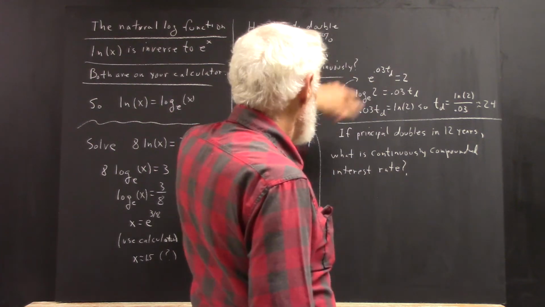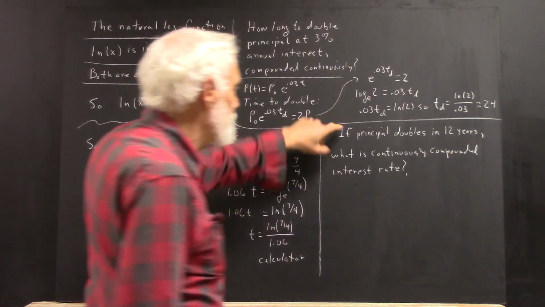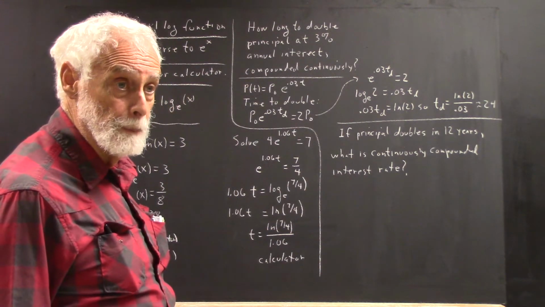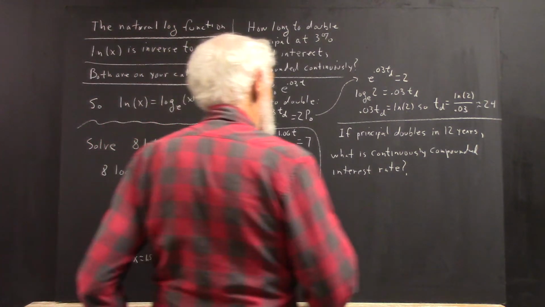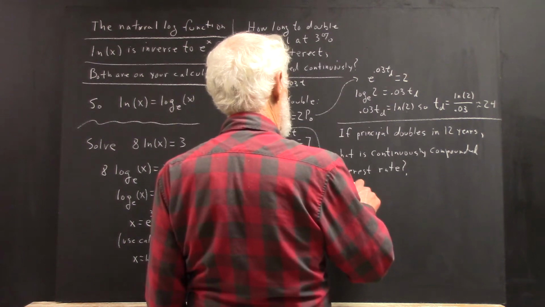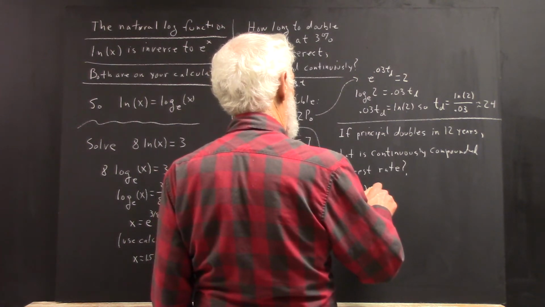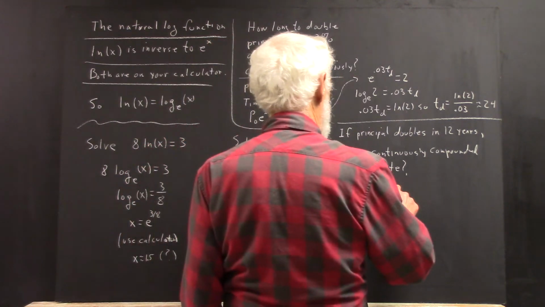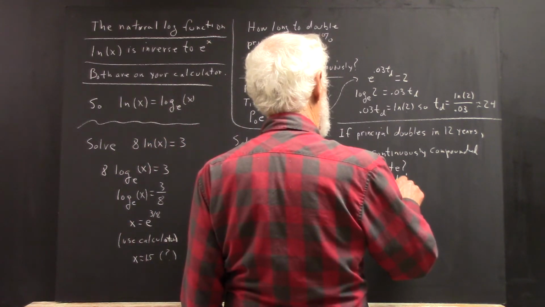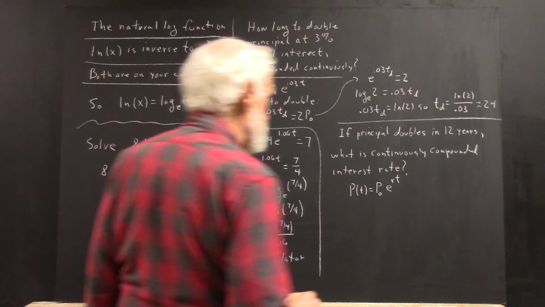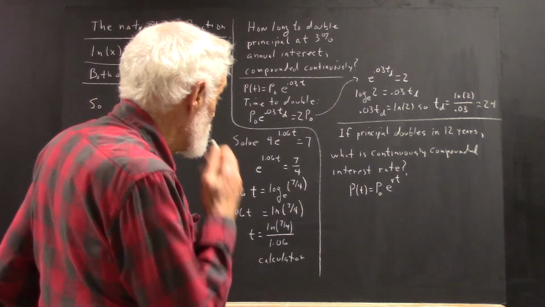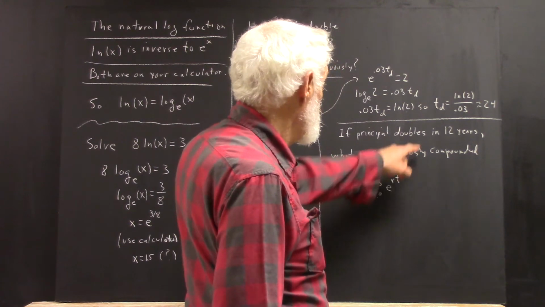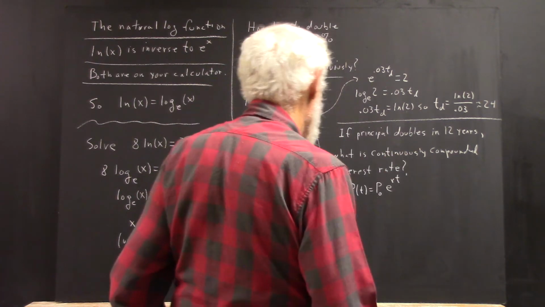Okay. So, another question, if principal doubles in 12 years, what's your continuously compounded interest rate? Well, in general, P of t equals P sub 0 times e to the rt. In this case, you don't know r, but you do know the doubling time, 12 years.